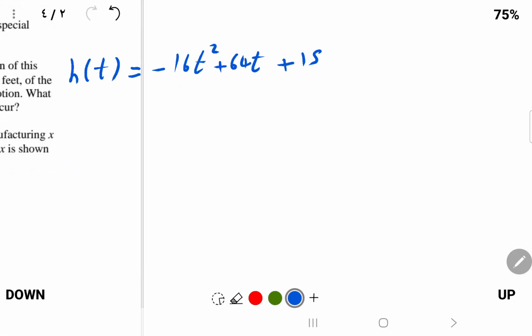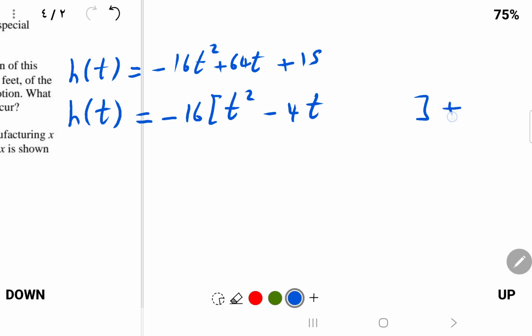Now, how do you write it in canonical form? h of t is equal to negative 16, take it as common factor: t squared minus 4t, and then plus 15. Now, what is half of 4? 2. Now, you add 2 squared and then you subtract 2 squared in order not to affect the equation.